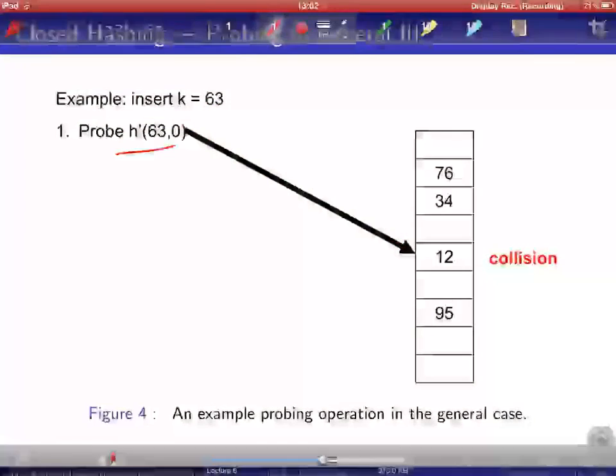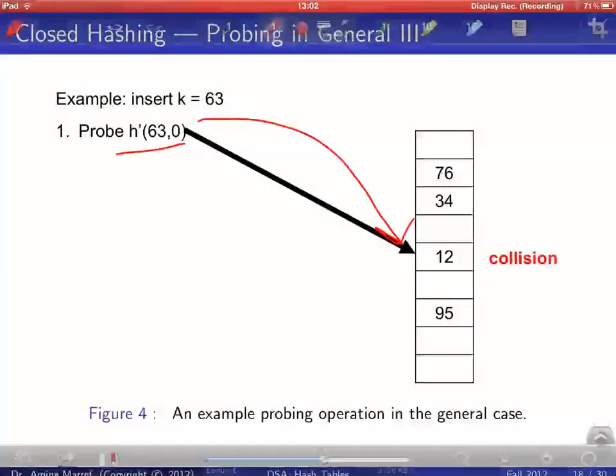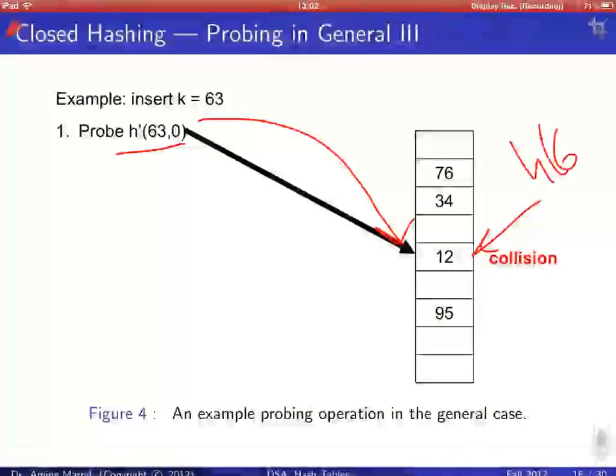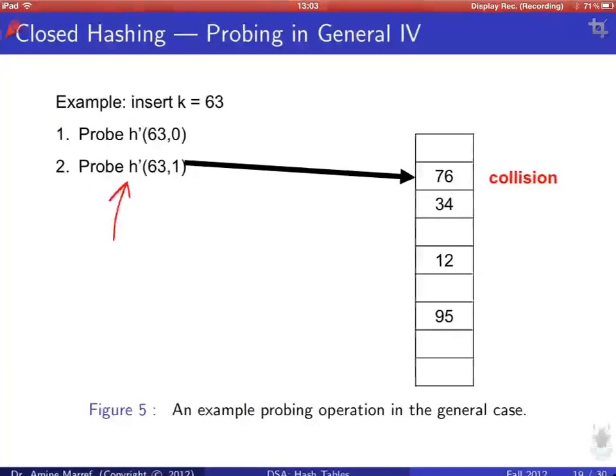Okay. Now let's say I want to delete number 12. How do I delete the key 12? So I search for 12 first, and then I find it. How do I delete it? Can I just delete it like that?